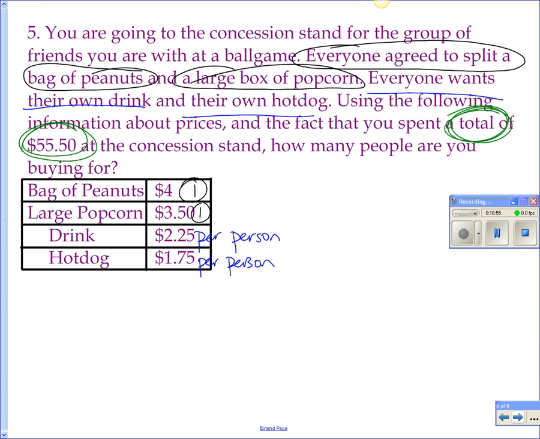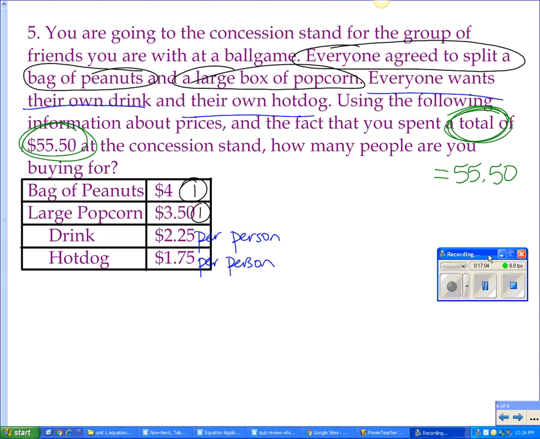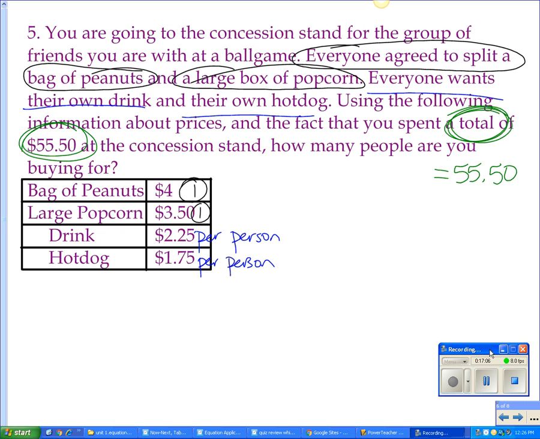Caitlin, what's one thing I should write over here to make my equation? Good. Equals 55.50. So my total goes after the equals. Tyler, something else that I should write over here. What's it start with?